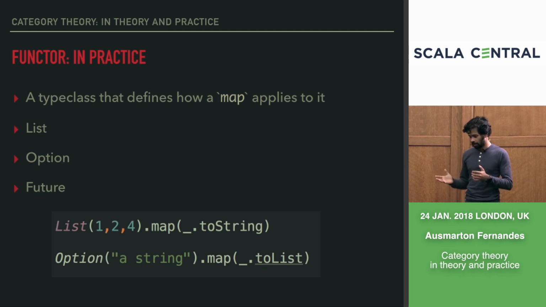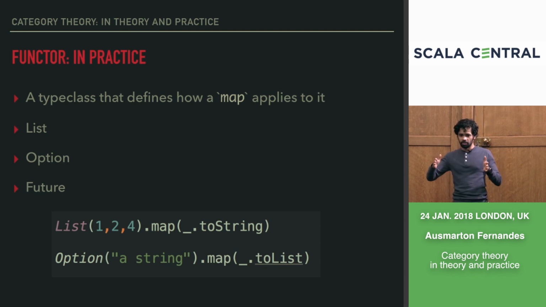Now, if we look at these 2 examples here, what we would see is the order of the list is preserved once this computation is run, and that is something which is very important in a functor.